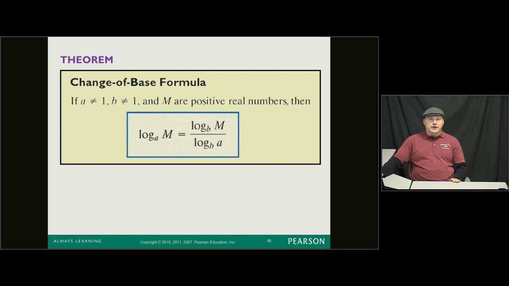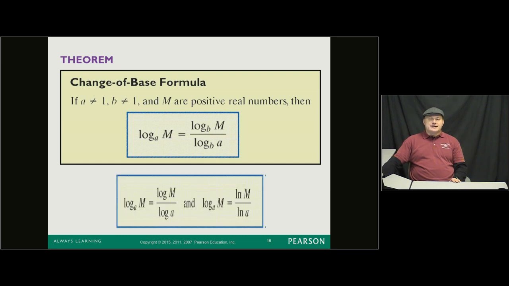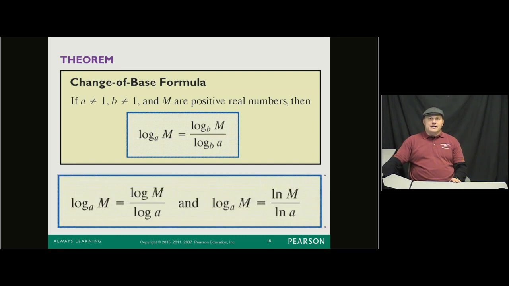So if A and B are both not equal to 1 and m is a positive real number, then the log base A of m is the log base B of m divided by the log base B of A. Notice, if you're taking the log with base A, you could change the base to some other number like base B, but then you write it as a quotient of 2 logs. So log base B of m, the original input, divided by the log base B of A, where A is the original base.